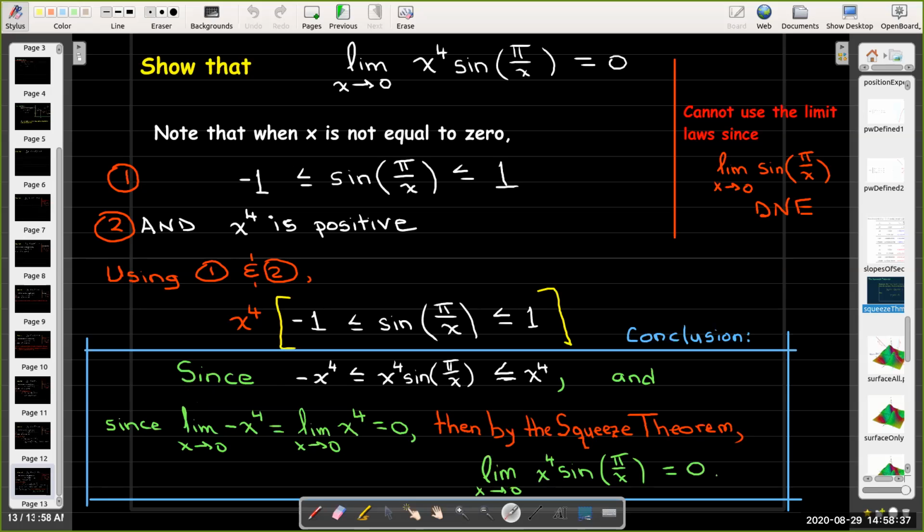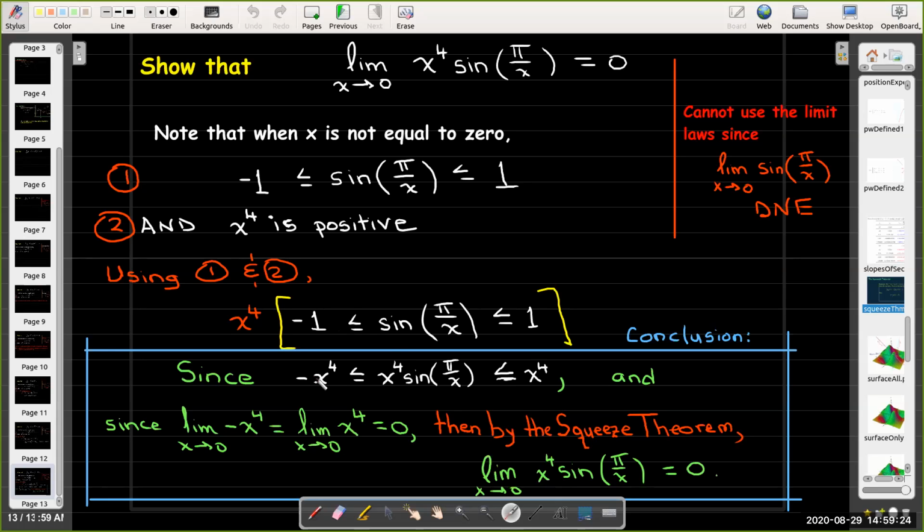So I start off by saying, okay, since negative x to the power of 4 is less than or equal to x to the power of 4 times sine of pi over x is less than or equal to x to the power of 4, and since the limit as x approaches 0 of negative x to the power of 4 is the same as the limit as x approaches 0 of x to the power of 4, both of those equal 0, then by the squeeze theorem, the limit as x approaches 0 of x to the power of 4 sine of pi over x must also equal 0.